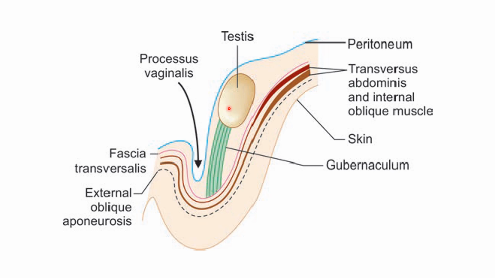Gubernaculum is a band of mesenchyme which extends from the lower pole of the testis towards the scrotum. But it is very important to understand that the gubernaculum does not contain any contractile tissue. So the shortening of gubernaculum is not possible.